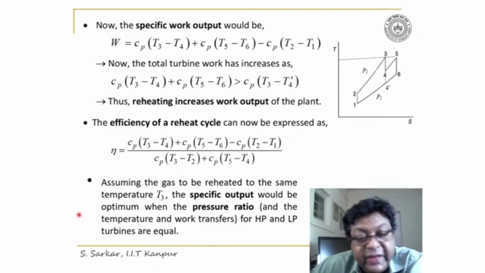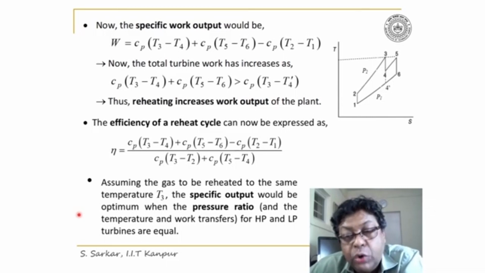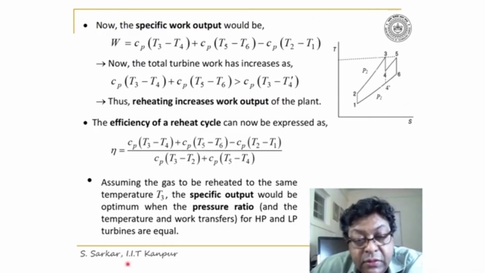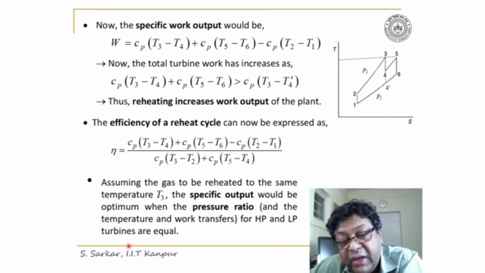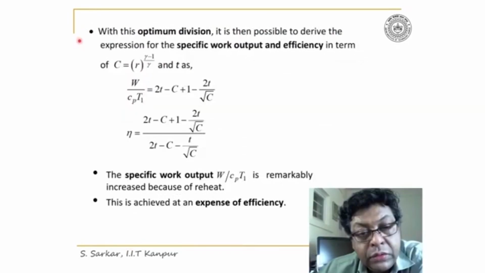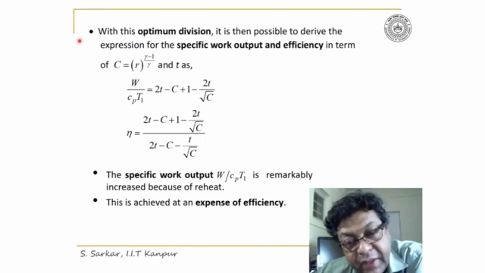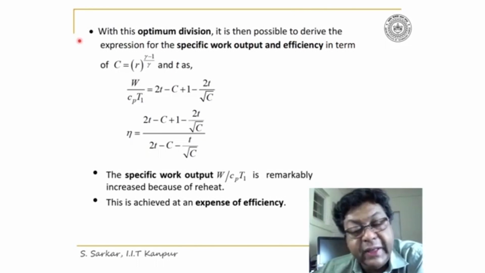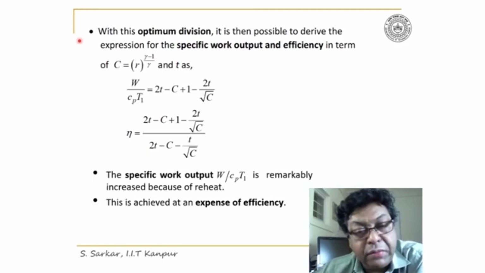So what I would like to state is that the specific output of the reheat cycle would be optimum when the pressure ratio of each turbine would be equal. With this optimum division, it is then possible to derive the expression for the specific work output and efficiency in terms of C and T, where C is equal to R to the power gamma minus 1 by gamma and T being T3 by T1.